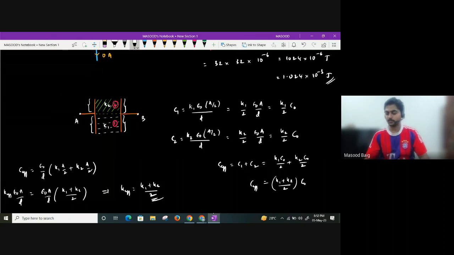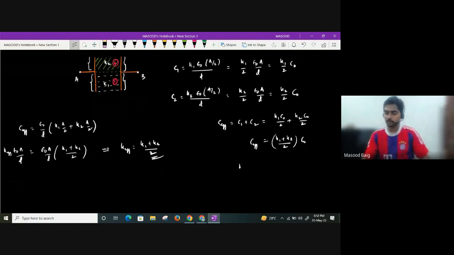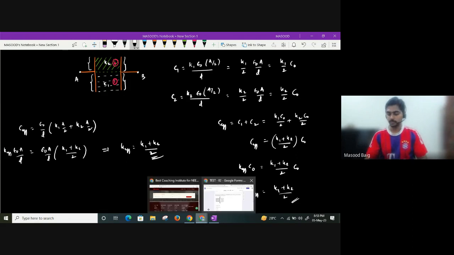Effective capacitance becomes how many times? Because dielectric is placed, the effective capacitance will certainly increase. So K effective into C0 equals K1 plus K2 divided by 2 into C0. So I'll get the effective dielectric constant as K1 plus K2 divided by 2. The shortcut method is very simple for getting the answer.